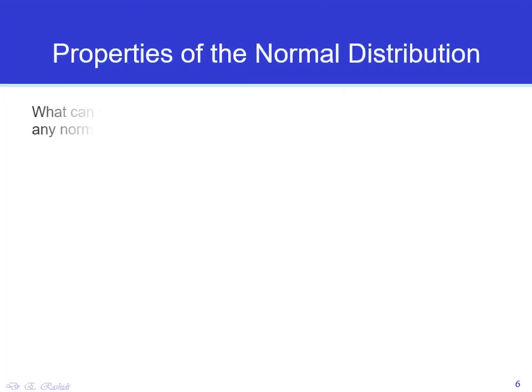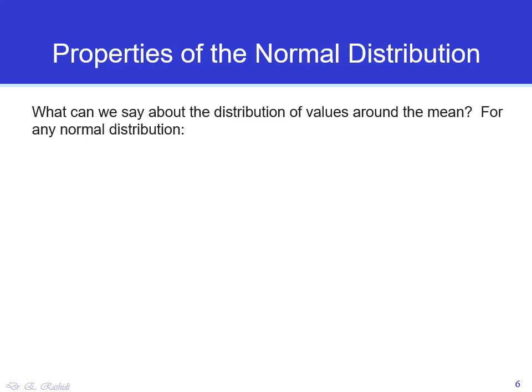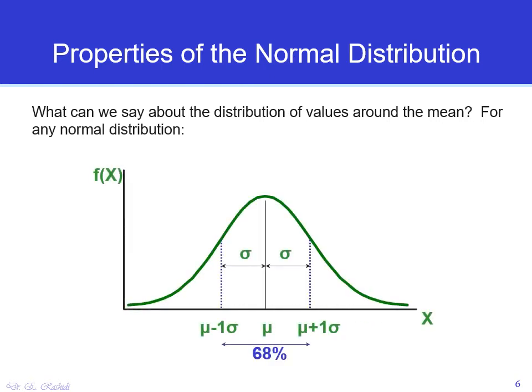Properties of normal distribution. What can we say about the distribution of values around the mean in any normal distribution? 68% of data in a normal distribution is within one standard deviation of the mean, on the left and right.